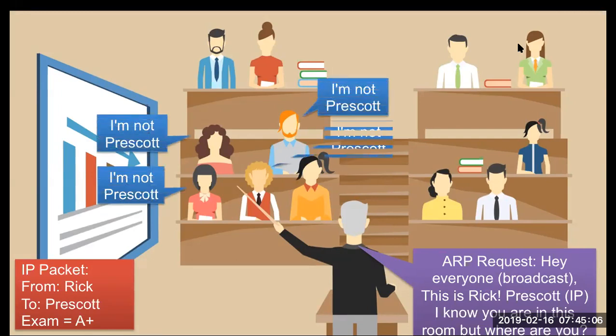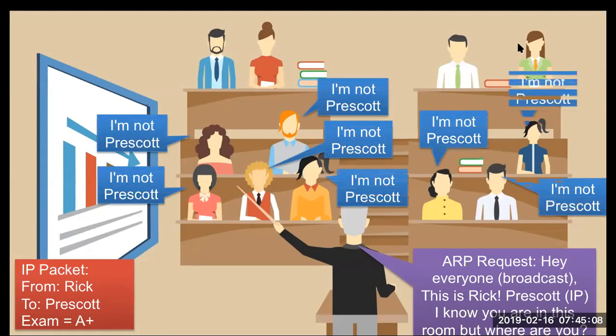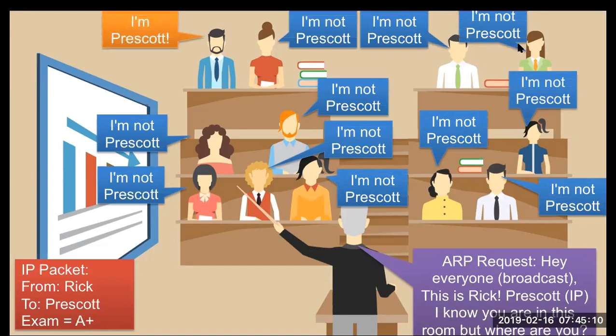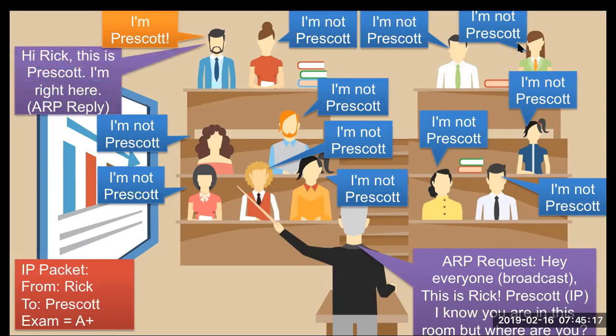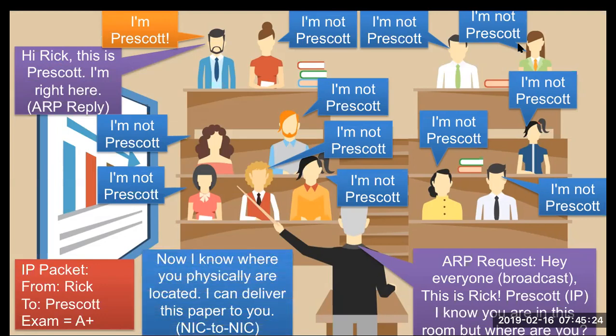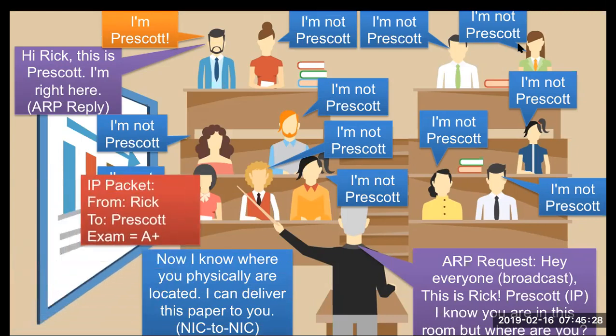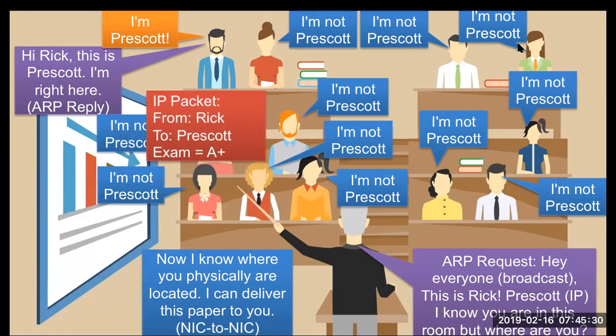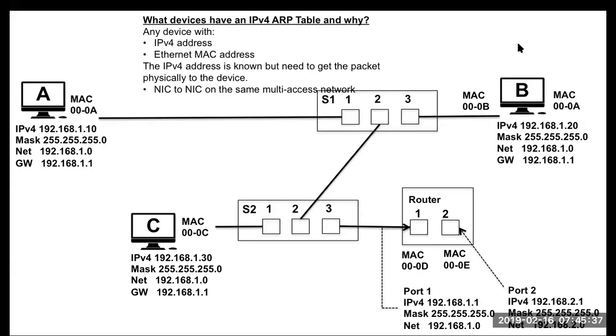Everybody's going to hear that message, and everybody's going to go, I'm not Prescott, except Prescott. Prescott will go, wait a minute, this is for me. So Prescott will respond with, hi, Rick, this is Prescott. I'm right over here. So now I can physically determine where Prescott is and deliver that IP packet, that exam, to him directly. That's an ARP.